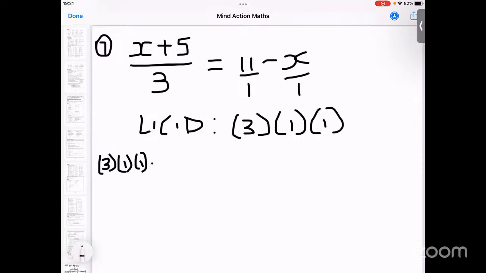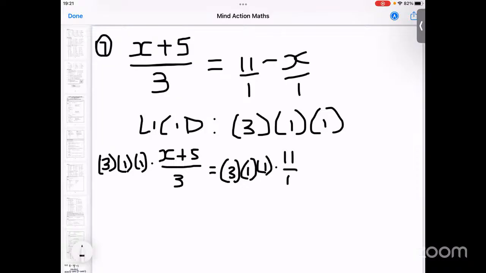It has to multiply that first term, x plus 5 over 3, the 11 over 1, and that x over 1.